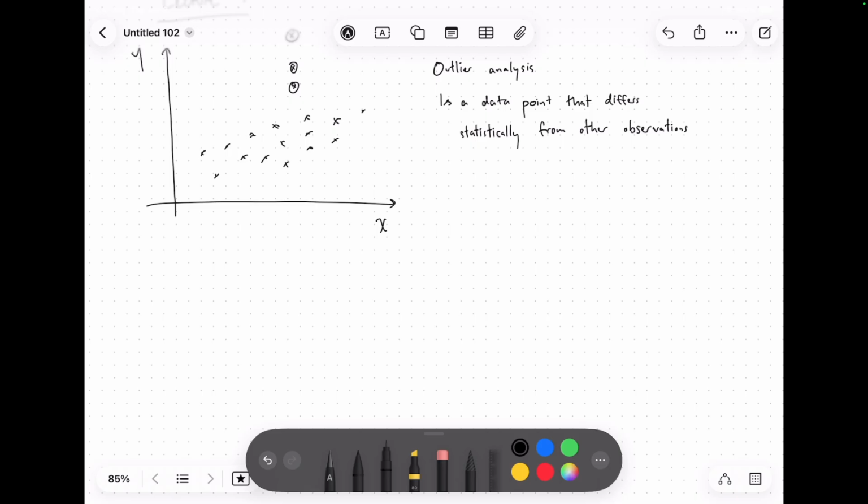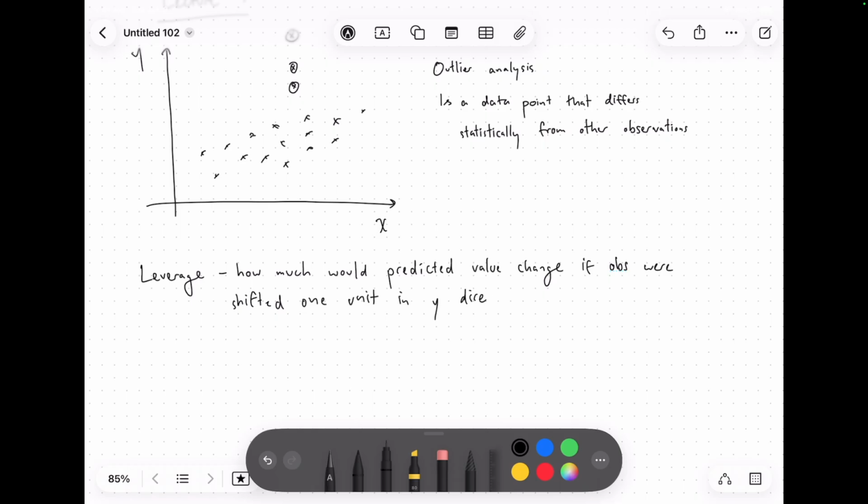Okay, so the first one is known as leverage. So how much would the predicted value change if the observation were shifted 1 unit in the y direction?